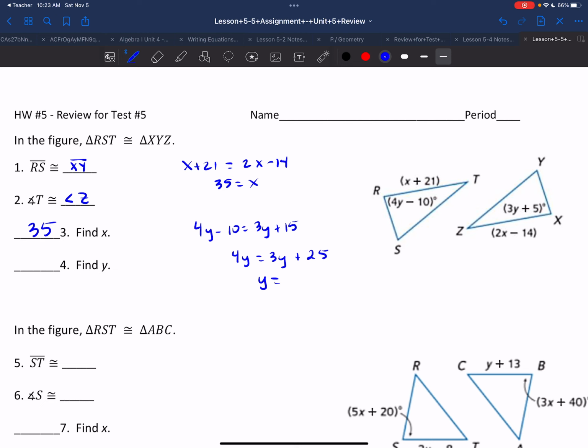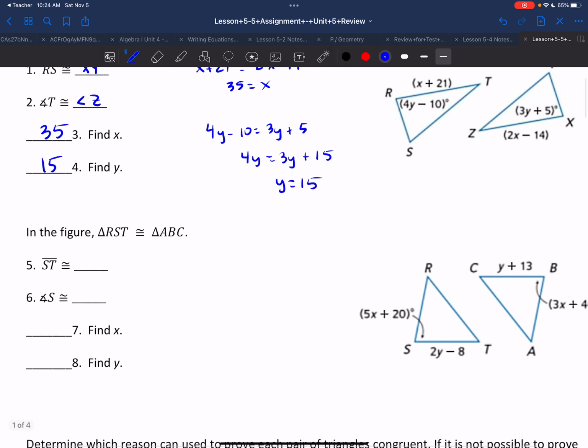I'm left with Y equals 25. Hold up. 4Y minus 10 equals 3Y. Oh, I put a 5 here, not 15. Let's try that again. If I add both sides by 10, I'm left with 4Y equals 3Y plus 15. Then if I subtract both sides by 3Y, I'm left with Y equals 15. So this is 15.